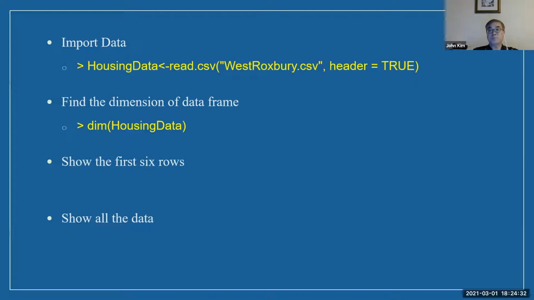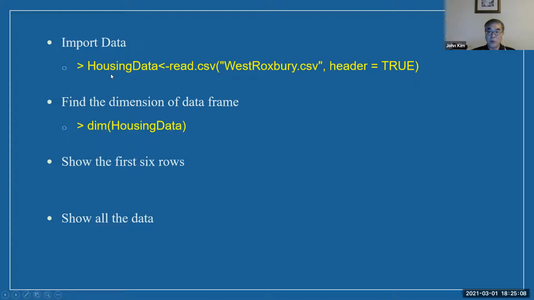We are going to import the West Roxbury data and put that data in the housing data set, and then look at how many columns and how many rows there are. Using dim in parentheses housing data.